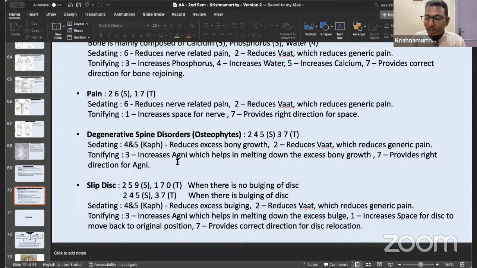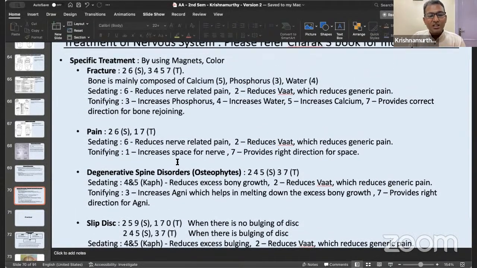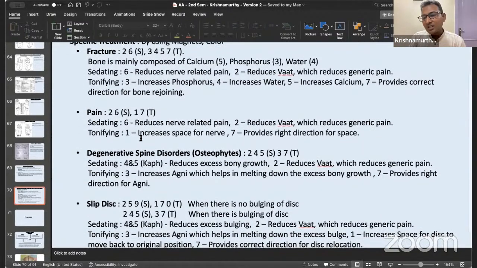You should know that much, right? Generic pain 2 is enough, and specific pain 6. At least learn these 4 protocols. There are so many protocols, only the major ones I have put.